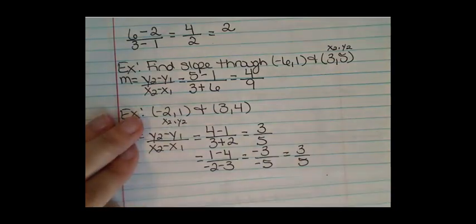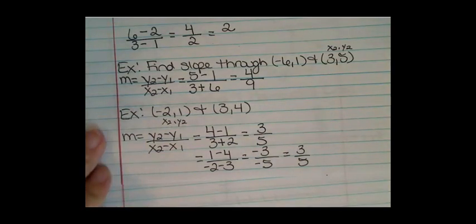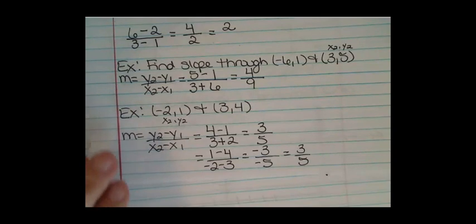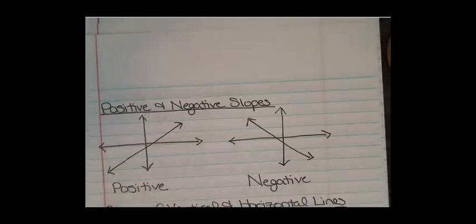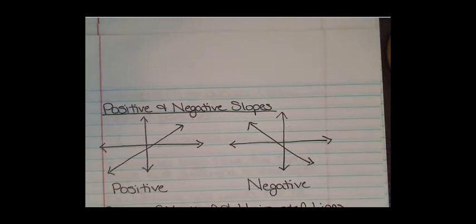Okay? So that's how you're going to find slope. Now, in general, you have positive slopes and negative slopes. The graph on the left is going to be a positive slope.